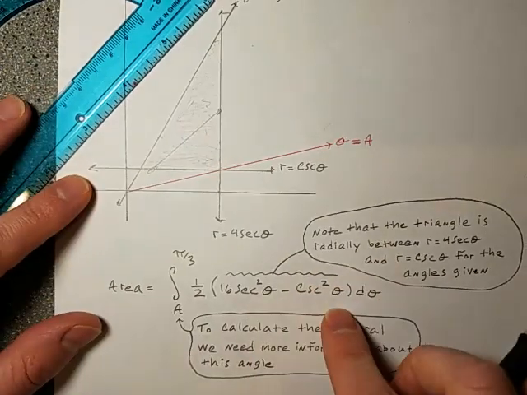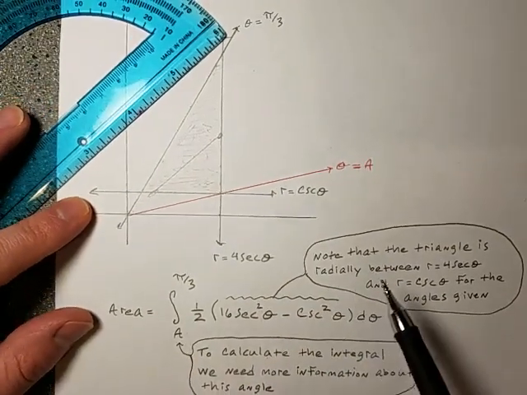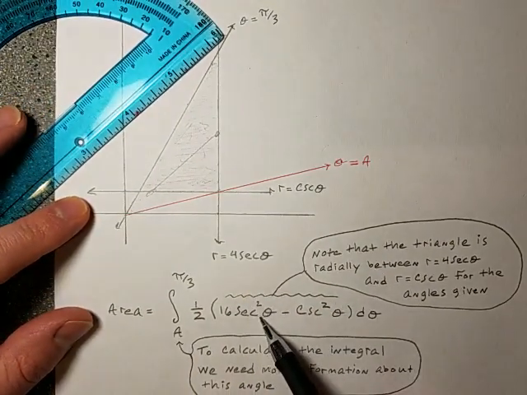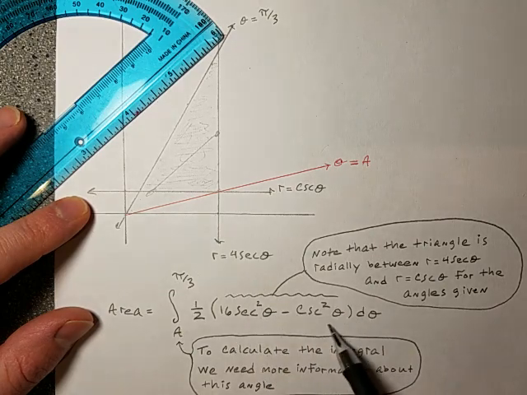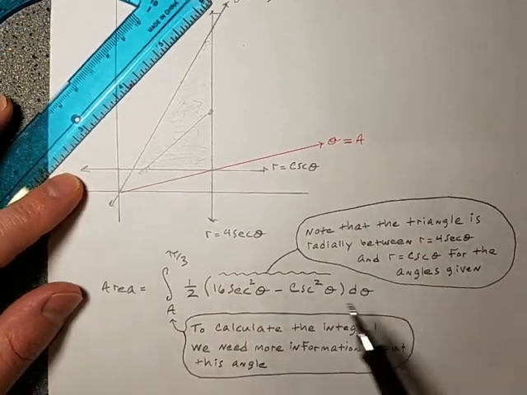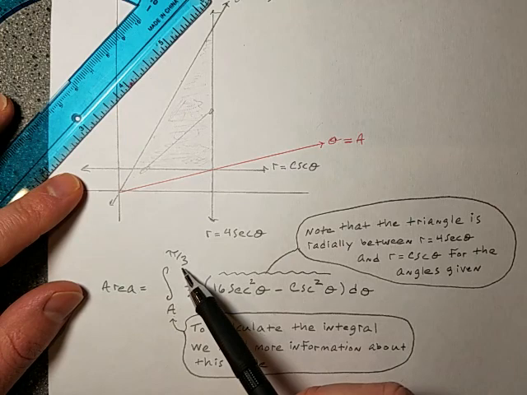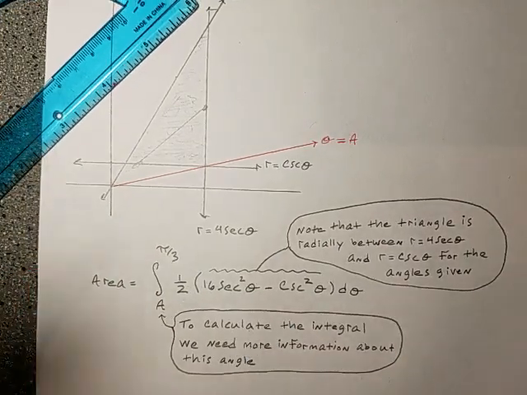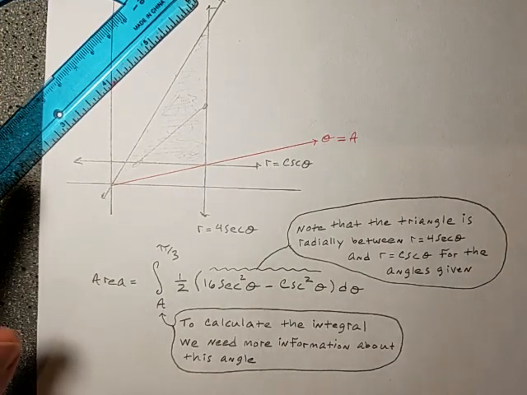When one is radially further out than the other, and the area is between them from angle A to pi over 3, then our integral is correct. It's set up the right way.